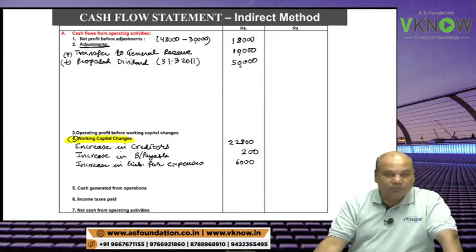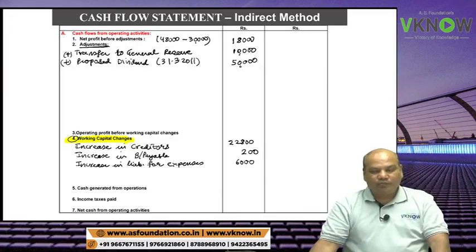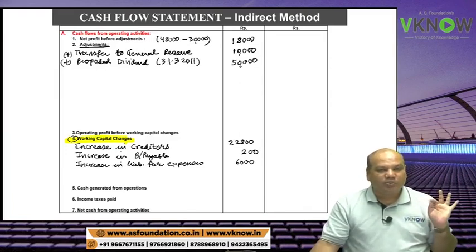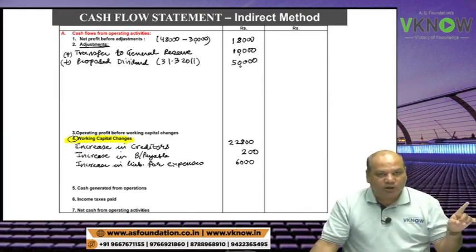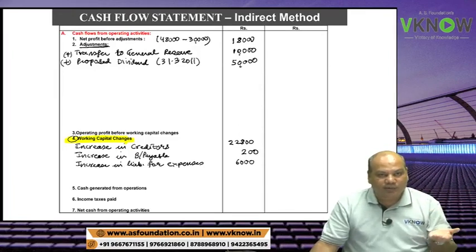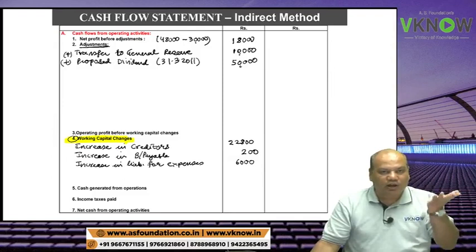Asset side, goodwill was 1 lakh. Goodwill is 80,000 at the end. So what we will assume in case of goodwill and preliminary expenses, that they have been written off in P&L account by passing the entry P&L account debit to goodwill account. Again non-cash item, debited to P&L account, add.